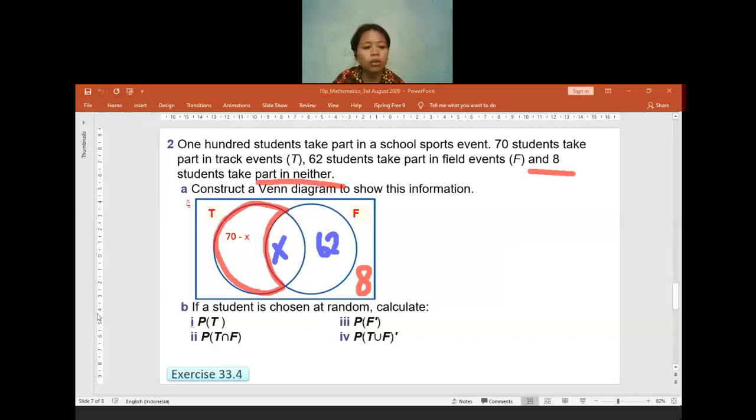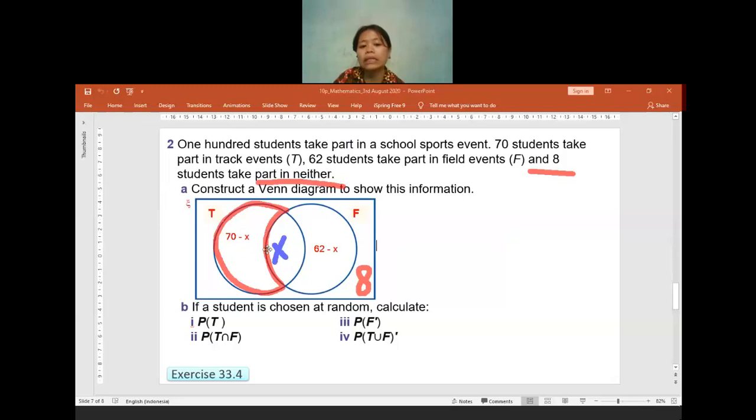Is there anyone who is confused? Or maybe I talk too fast and you do not understand what I'm talking about? It will be 62 minus x. Because if it is a full circle, read the question, 70 students take part in the track event. So if it is the full circle of T, when I add them in total, it has to be 70.